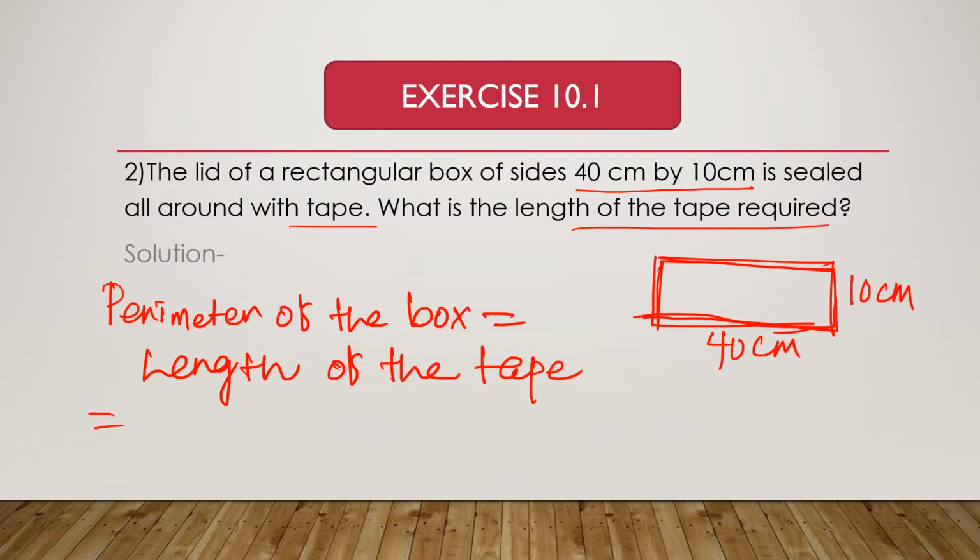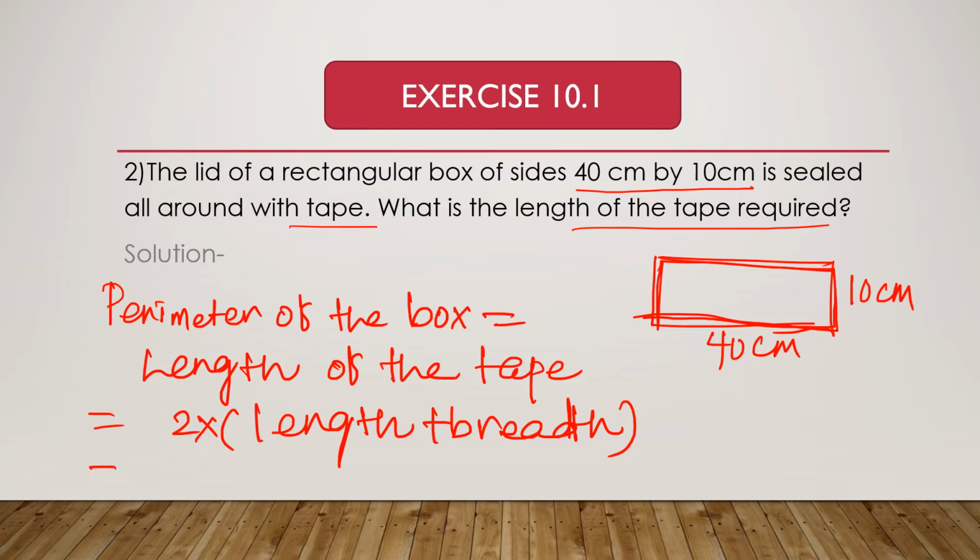We know the perimeter of the rectangle is 2 multiplied with length plus breadth. Length is 40 centimeter and breadth is 10 centimeter.